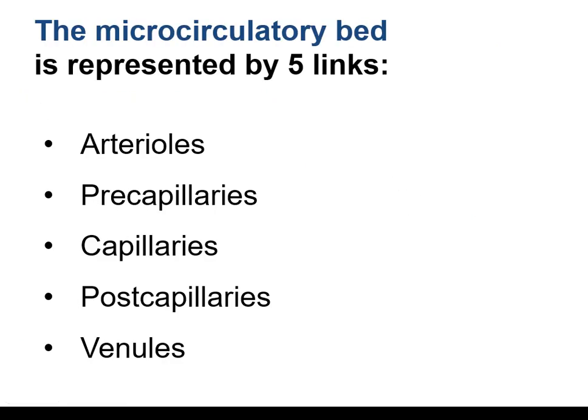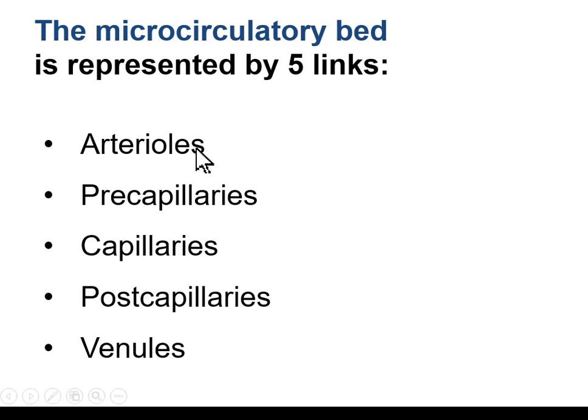The microcirculatory bed is represented by 5 links: arterioles, precapillaries, capillaries, postcapillaries, and venules. For example, the aorta subdivides into the smallest artery, into the very smallest artery.